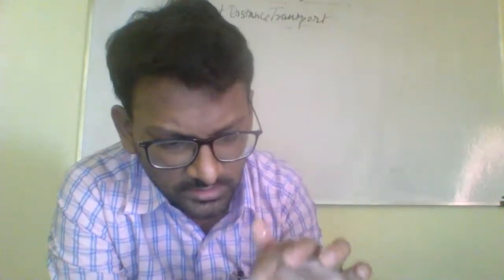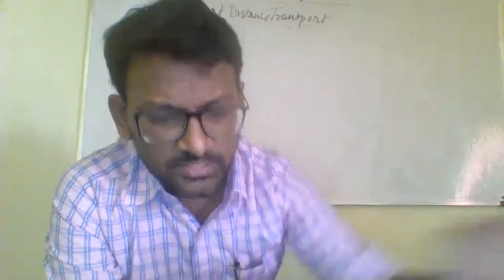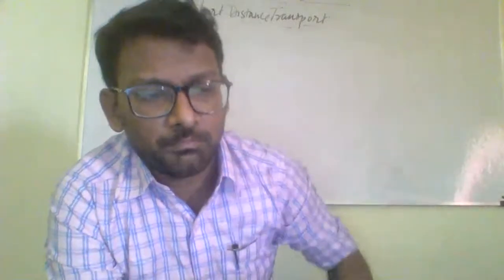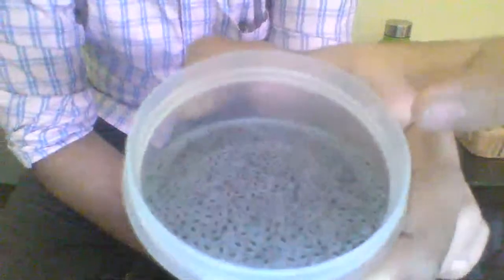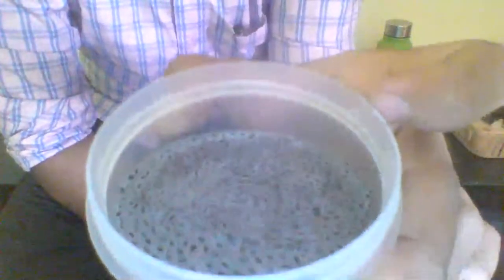Now you can see that these seeds are becoming bulged. This is not very new for you, but you might not have thought this concept can be applied like this, isn't it? You can see that these seeds now are bulging, accumulating the water.